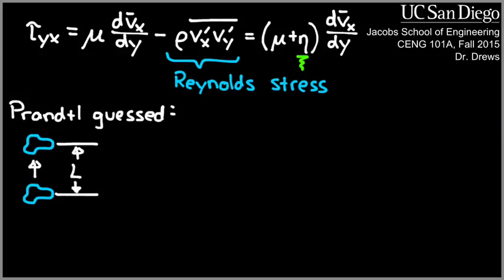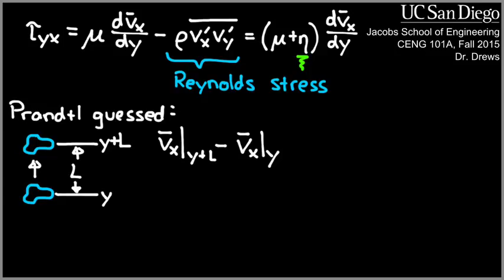We don't know what that distance L is yet, but at any rate, when you move from y to y plus L, we can evaluate the velocity difference, which will be Vx bar evaluated at y plus L minus Vx bar evaluated at y.